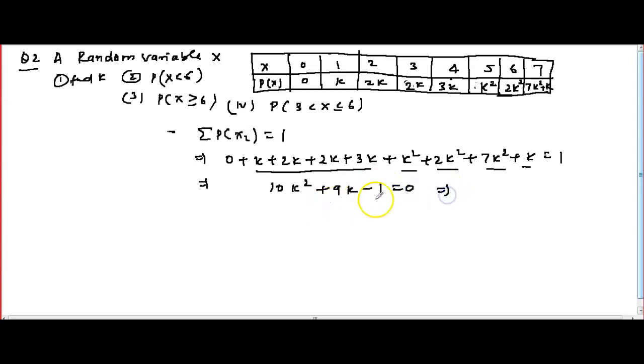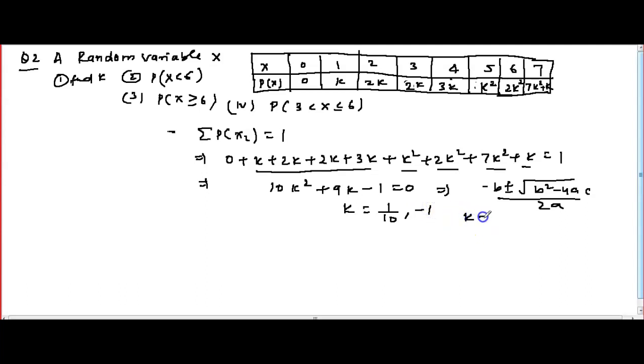So if you solve it by the quadratic formula, minus b plus minus square root of b square minus 4ac by 2a, using a calculator you will get k equal to 1 by 10 and another value, minus 1.